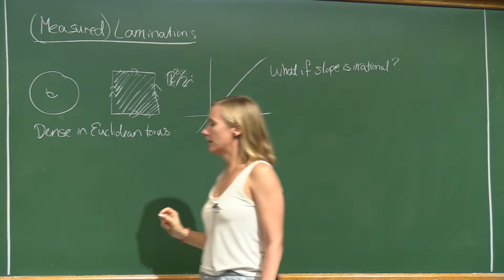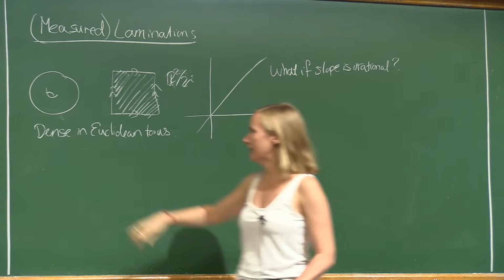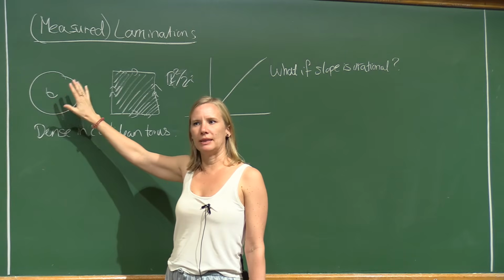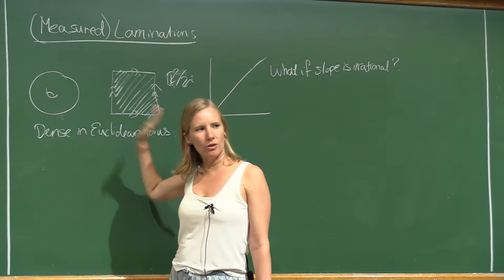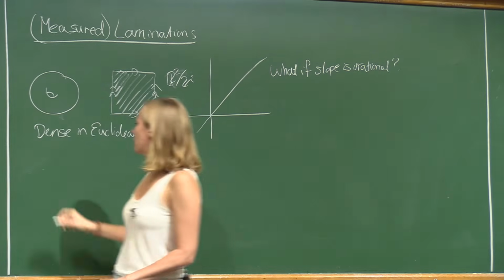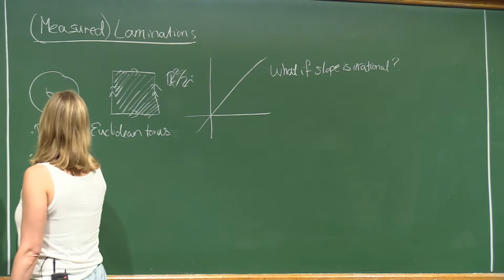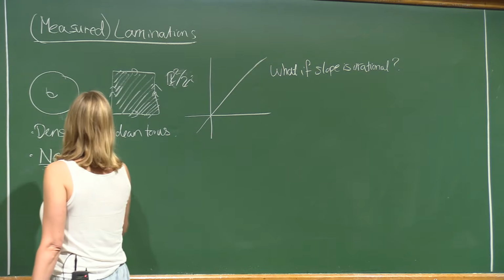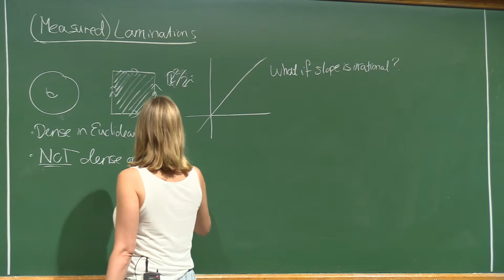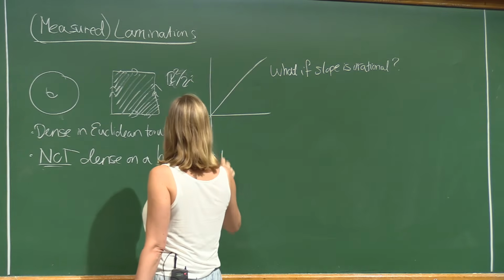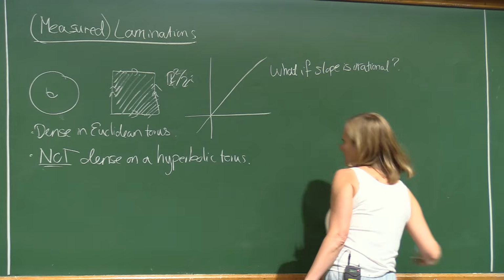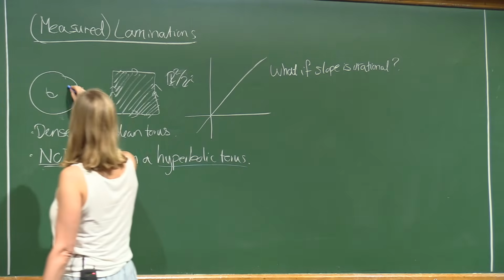However, in the hyperbolic case, meaning if I now puncture this and put any finite area complete hyperbolic metric on it, it's not going to be dense. Very far from it, it's going to be nowhere dense, in fact. So it's not dense on a hyperbolic torus. Again, when I say hyperbolic torus, what I mean is that I punctured it and put a hyperbolic metric.